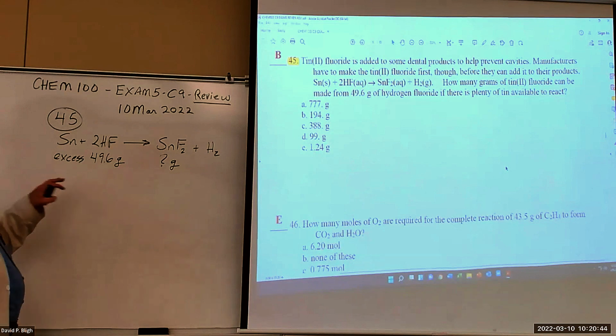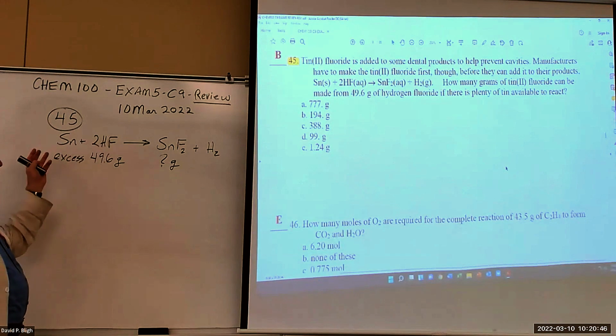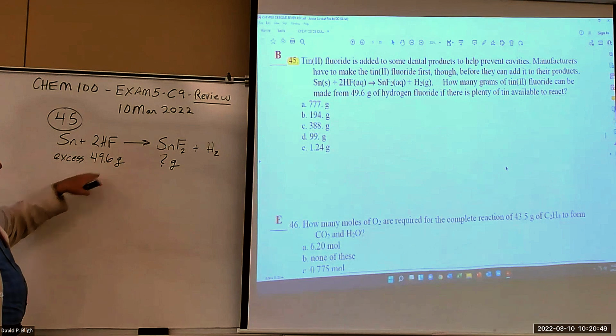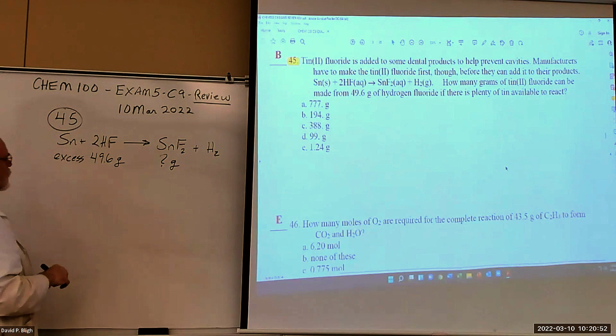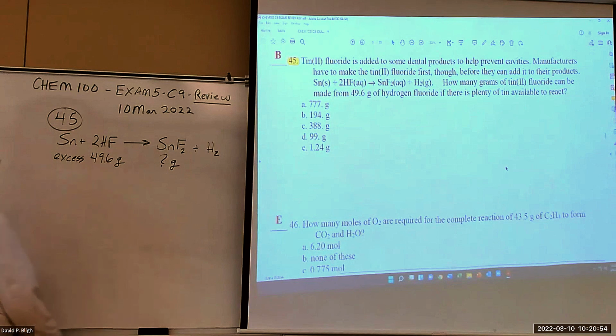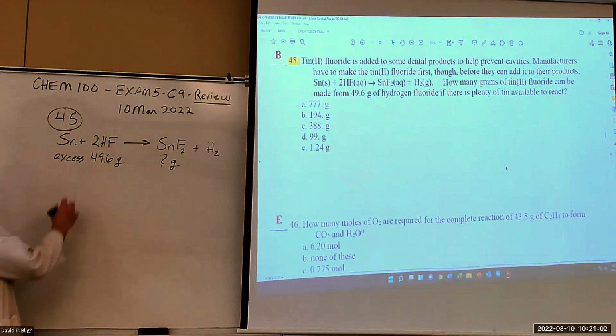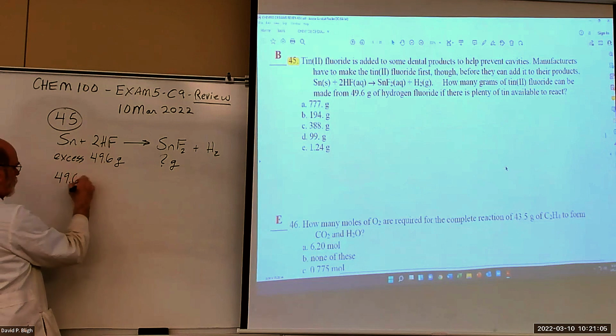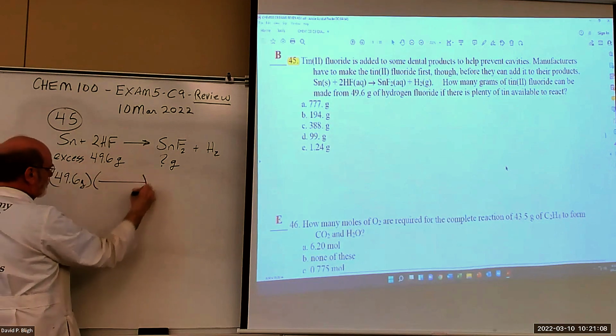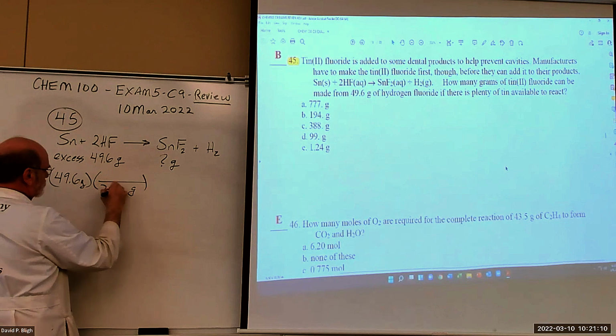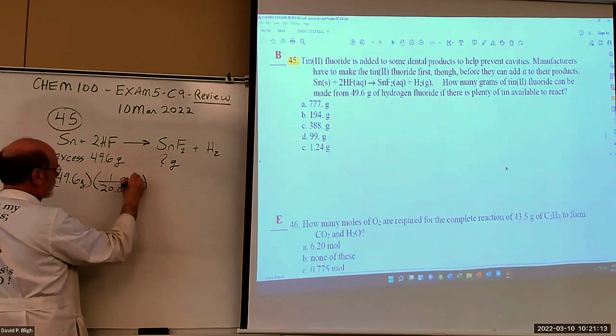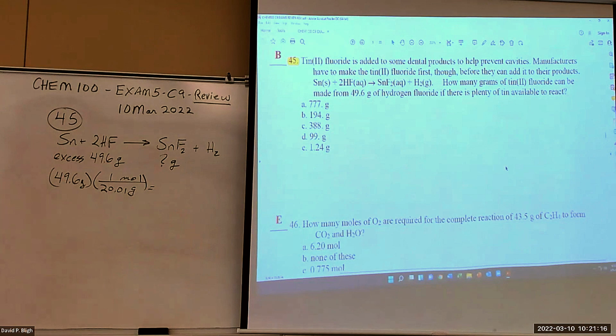So, first things first, the equation's balanced. Second thing, convert this to moles. So, fluorine is 19 and hydrogen is 1.01. So 20.01, right? So we divide 49.6 divided by 20.01.